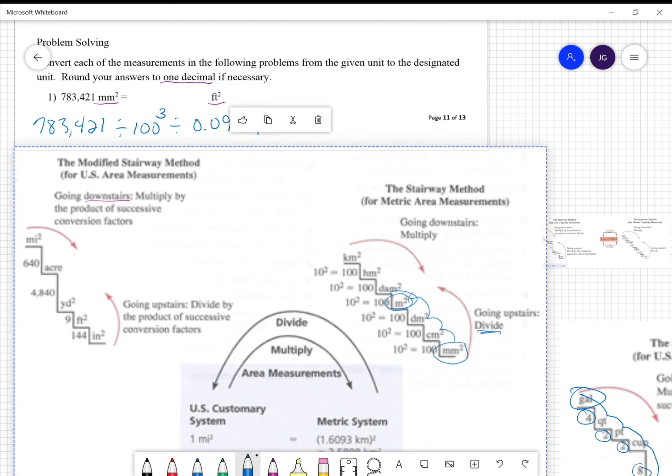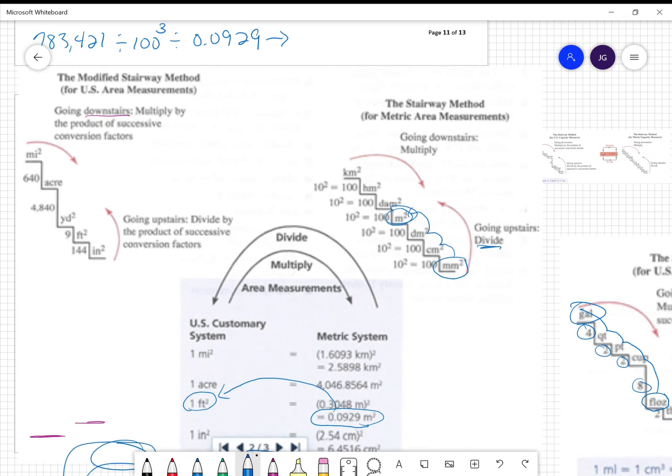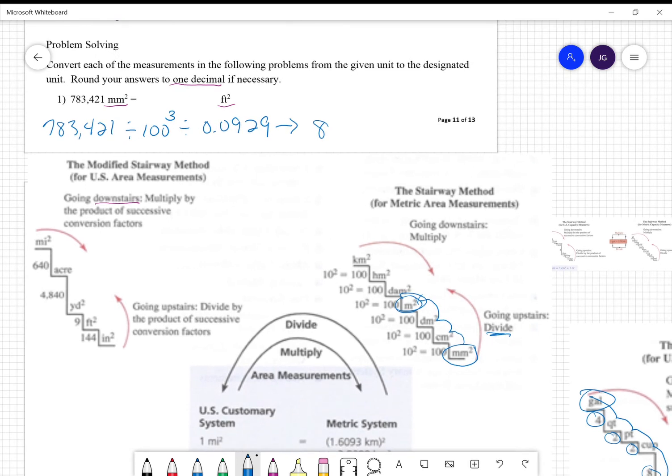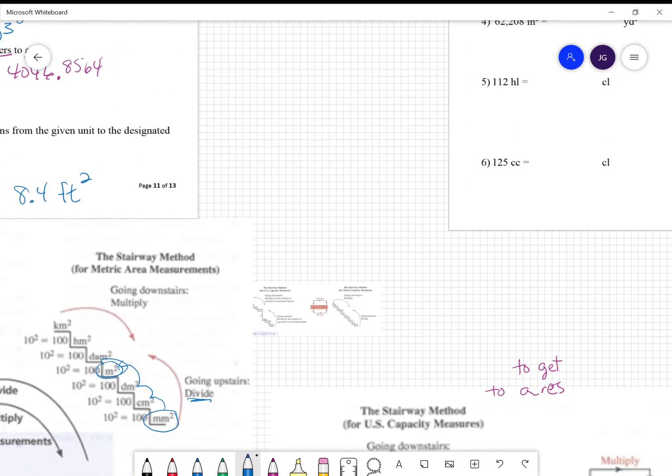Round to the 1 decimal place, I have 8.4. Oops, sorry about that. 8.4 feet squared. Okay, next page.